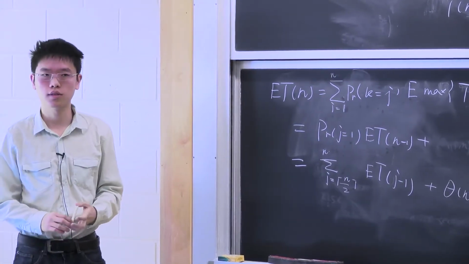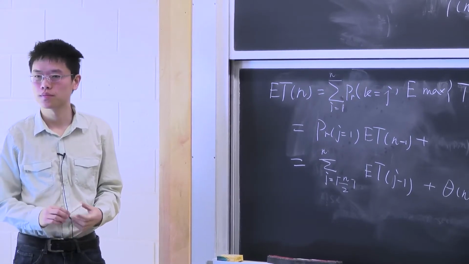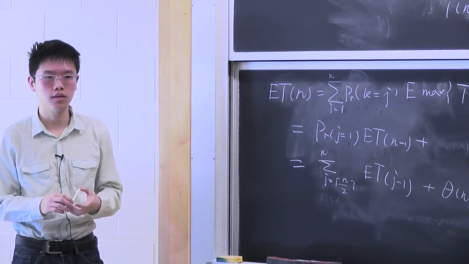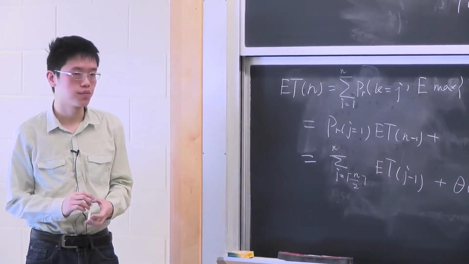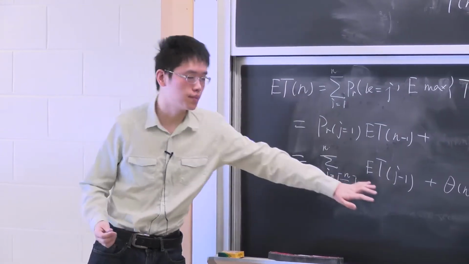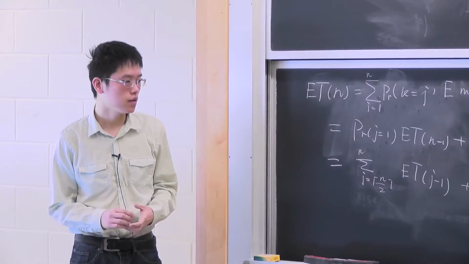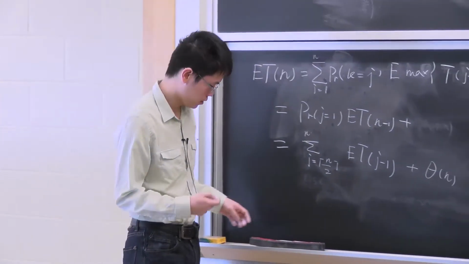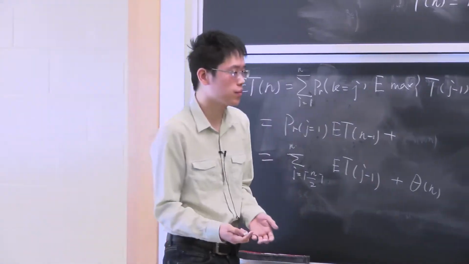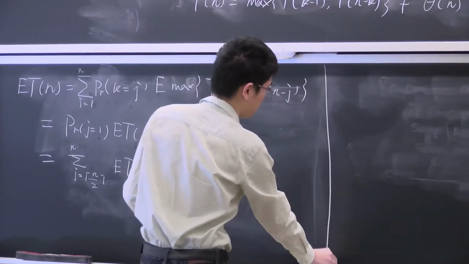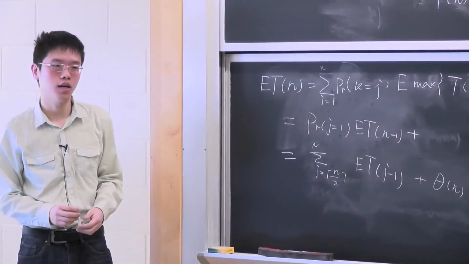Now, how do we solve this? Any thoughts? This is a recurrence on the expectation of T. So for this type of general recurrence, we don't have a very good way. Instead, what we'll do is just take a guess and then see if it's correct.